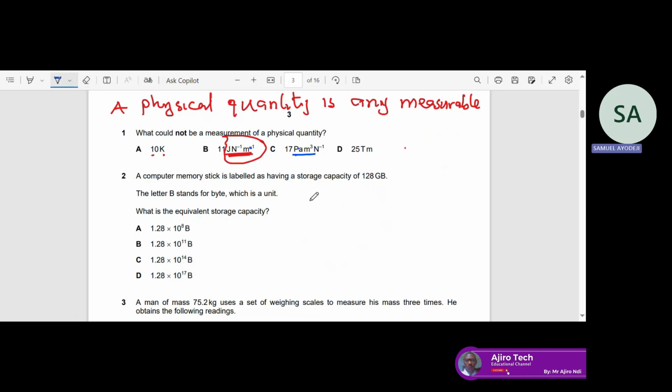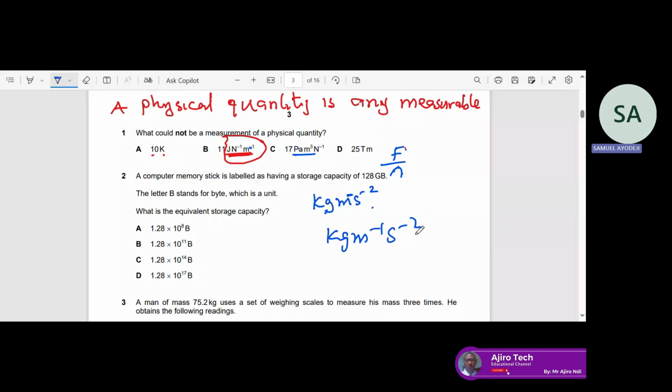Pascal is pressure, and pressure means force over area. Force is mass times acceleration, kilogram meter per second squared. Pressure gives kilogram per meter per second squared.